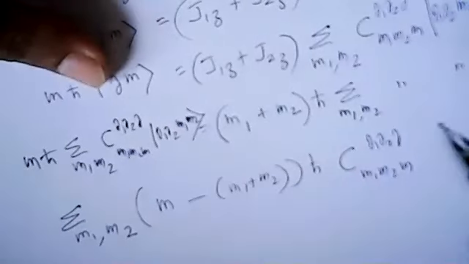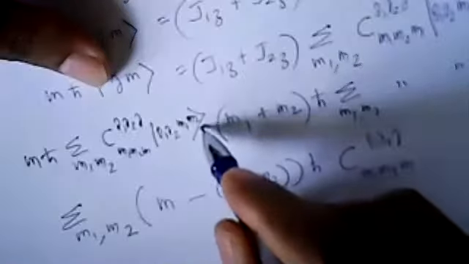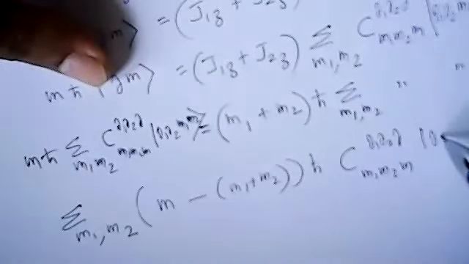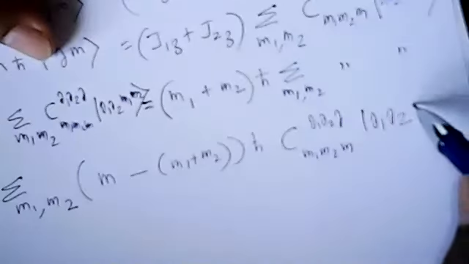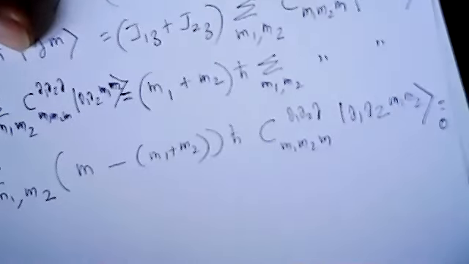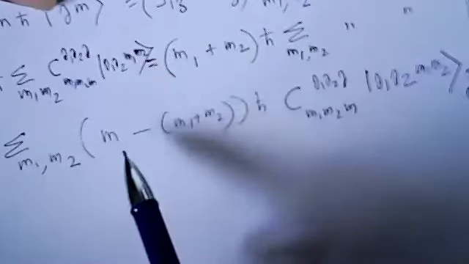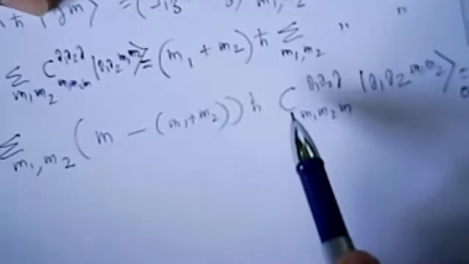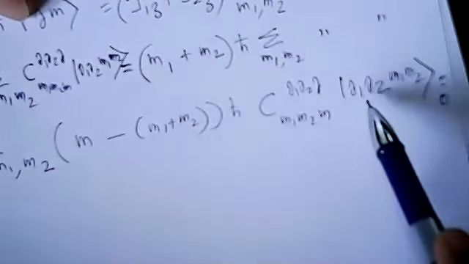Now both come to the single side. So this is the same thing. Get J1, J2, M1, M2 equal to 0. Equal to 0. Okay. So sum over M1, M2, M into (M minus M1 plus M2) H cross, Clebsch-Gordan coefficient, then the ket J1, J2, M1, M2 is 0.